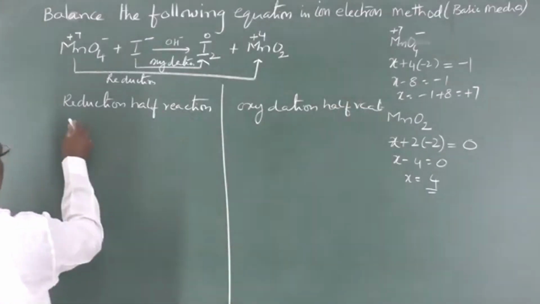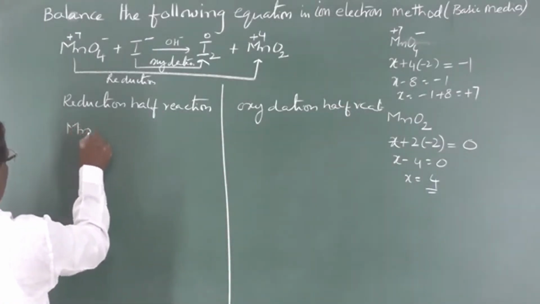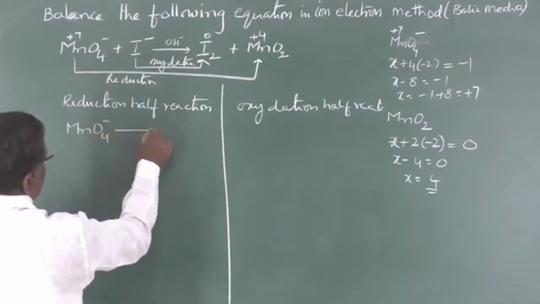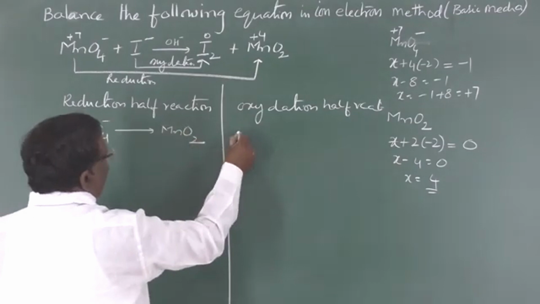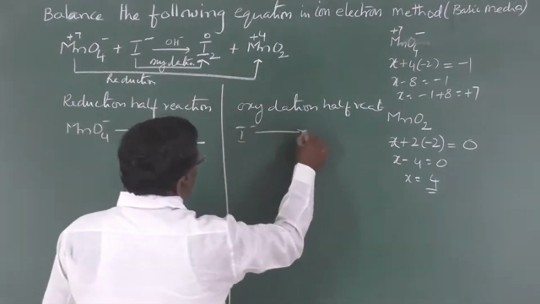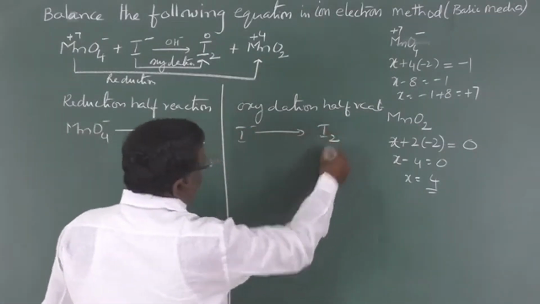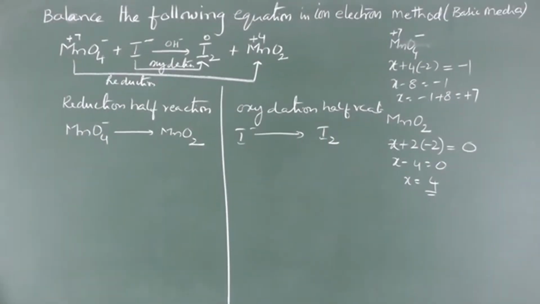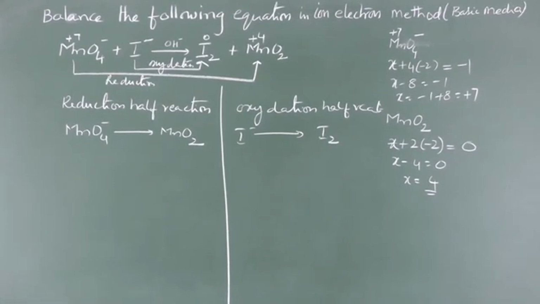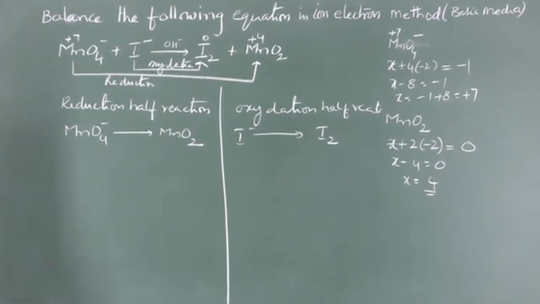In the reduction half reaction, permanganate ion is reduced to manganese dioxide, and iodide ion is oxidized to iodine. This is the reaction. Now we have to balance each half reaction separately.